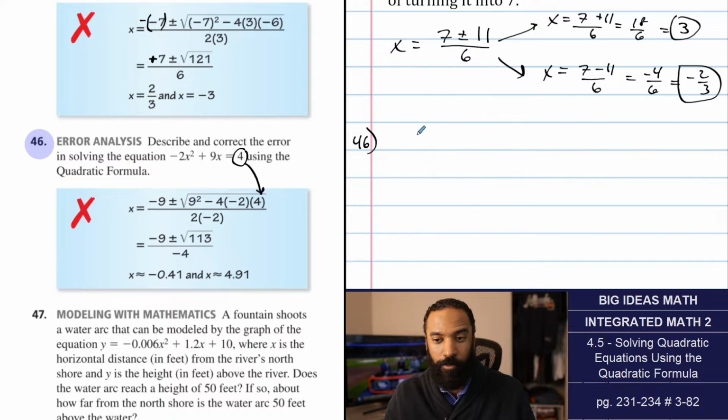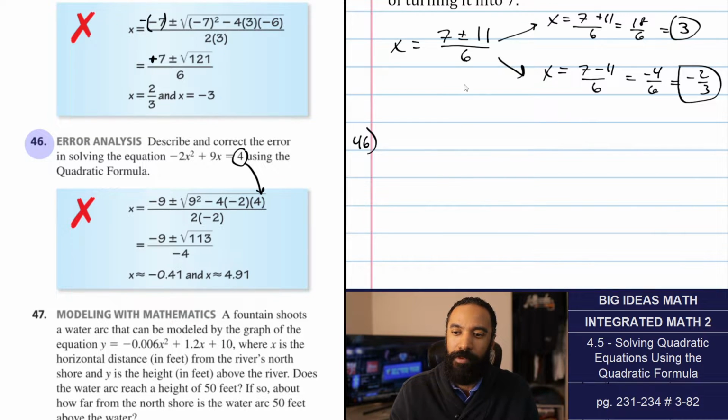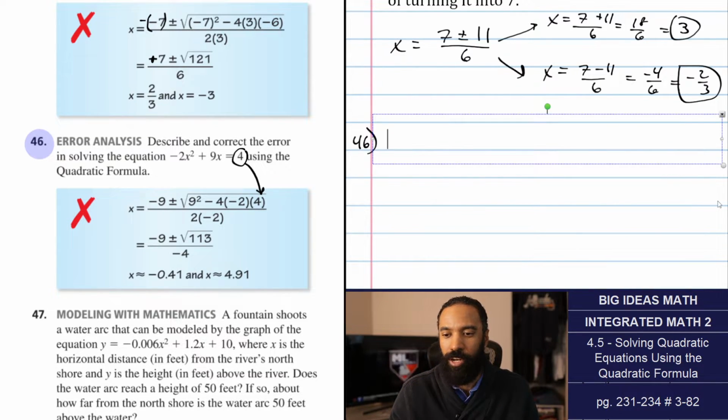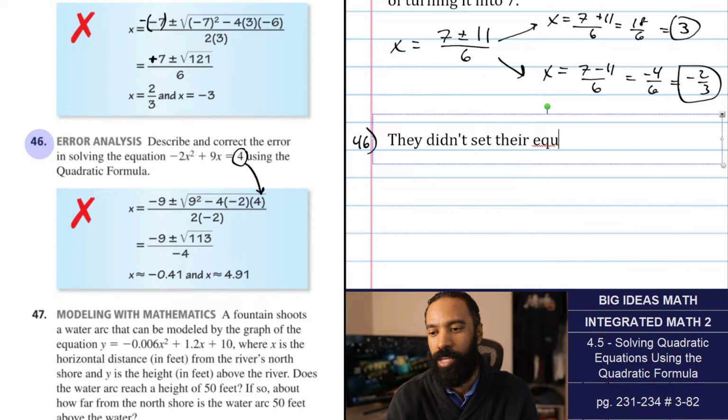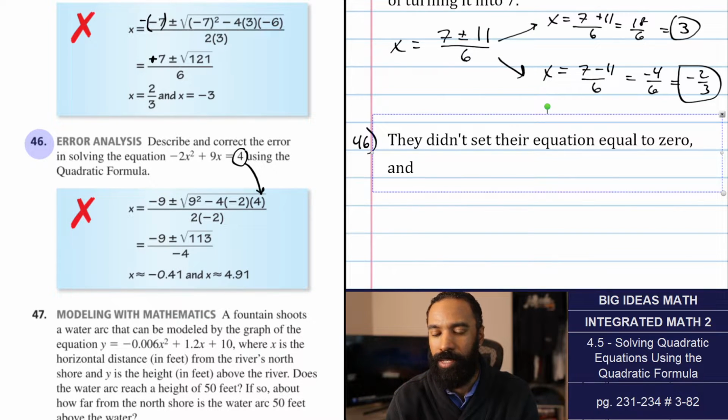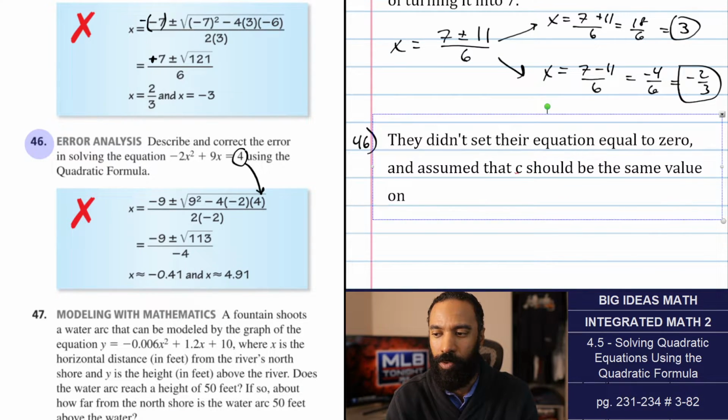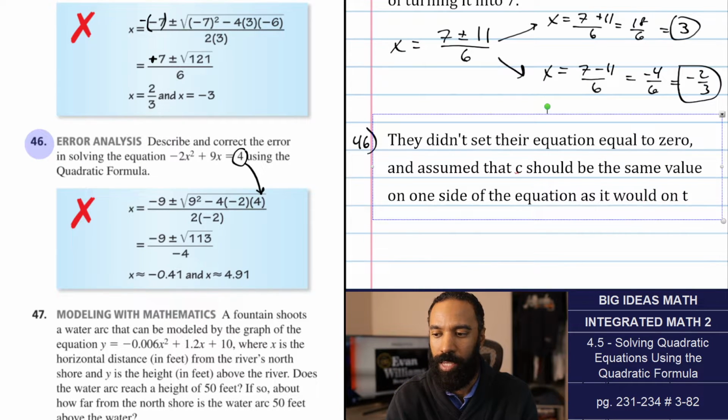Now, I personally would prefer to make a positive, which keeps 4 positive, but then it changes b negative. So they didn't get their equation in standard form set equal to 0. They didn't set their equation equal to 0, and assumed that c should be the same value on one side of the equation as it would on the other side of the equation.